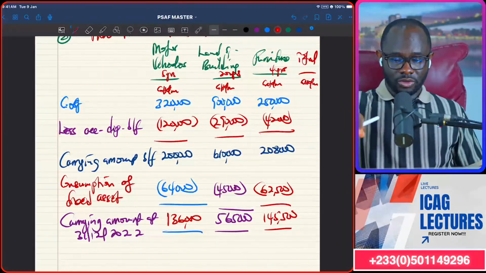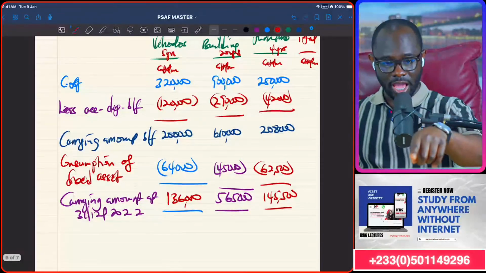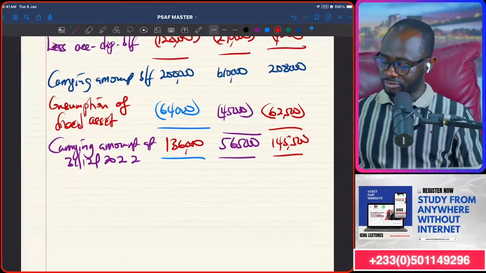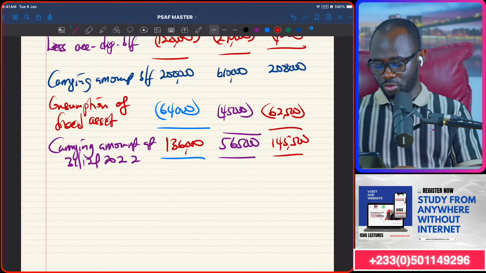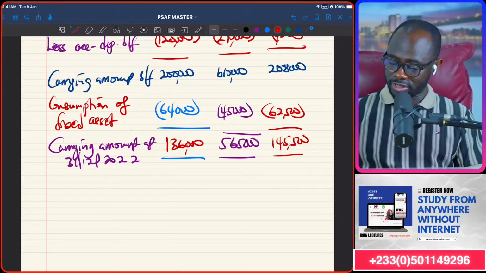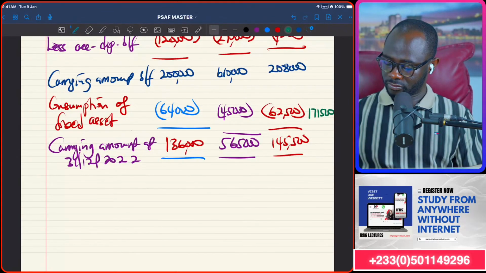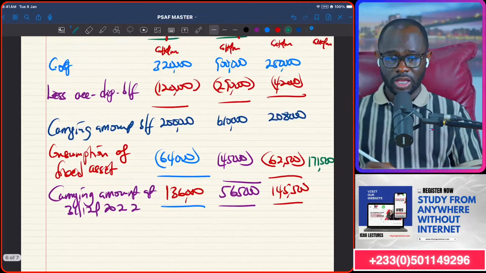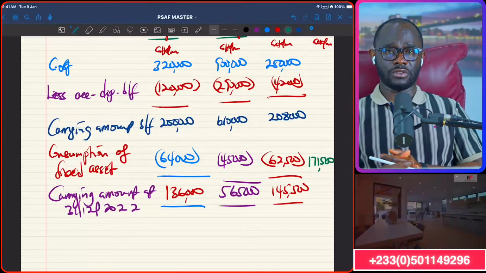So we need a total depreciation for the year. That's why I brought in the total column. So 64, 45, 62.5, and that is 171,500. So that's our total consumption of fixed assets that will come on the face of the statement of financial position.